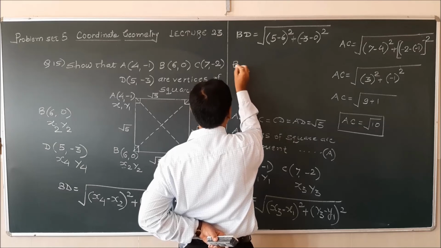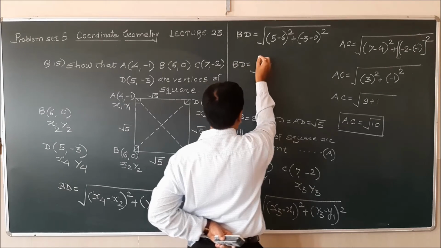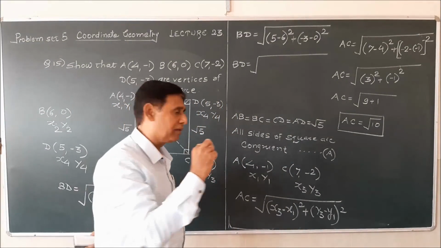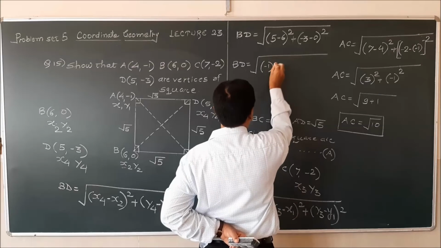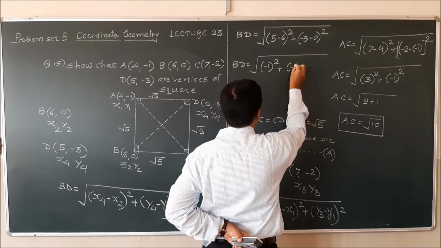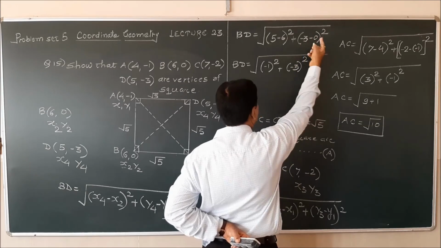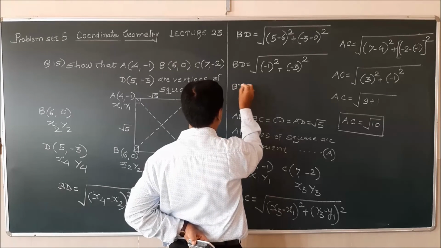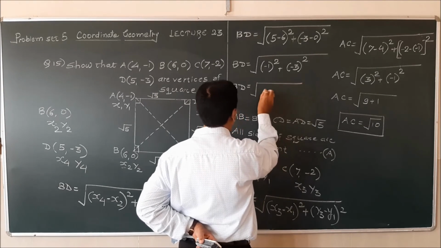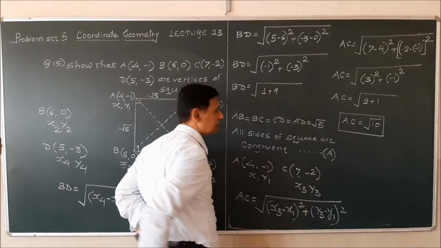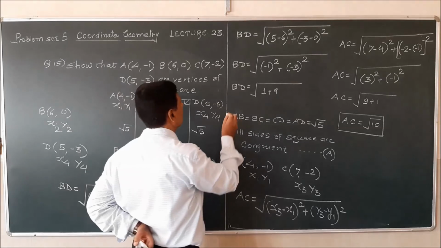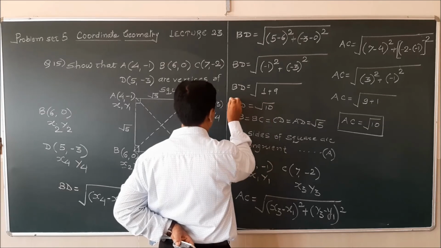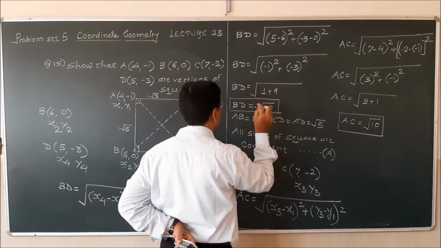So BD is equal to root of minus 1 square plus minus 3 square. That gives BD is equal to root of 1 plus 9, BD is equal to root 10.